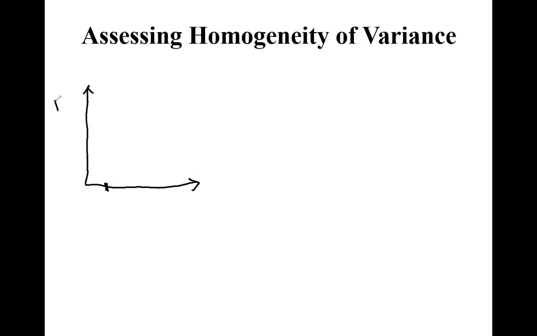The graph is expenditure and income. Okay, so we know there is a positive correlation: higher income, higher expenditure.